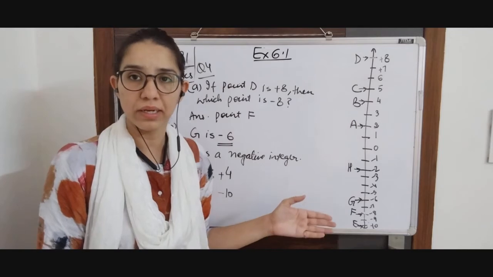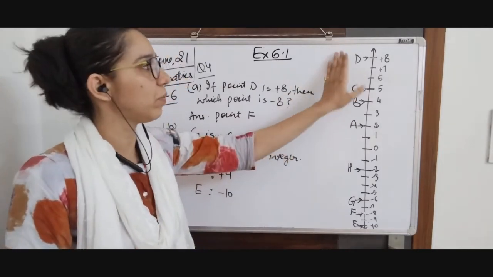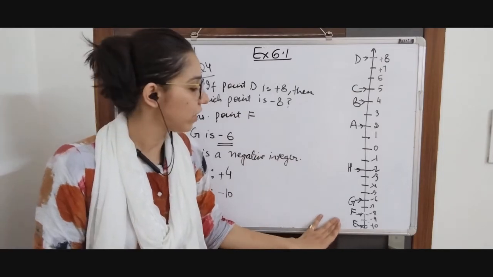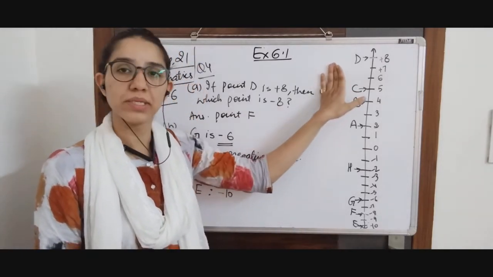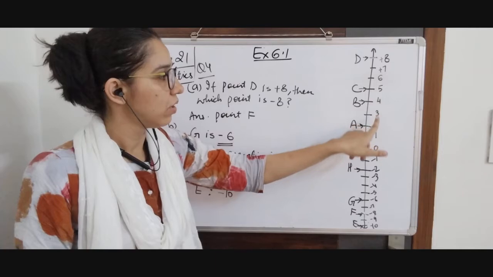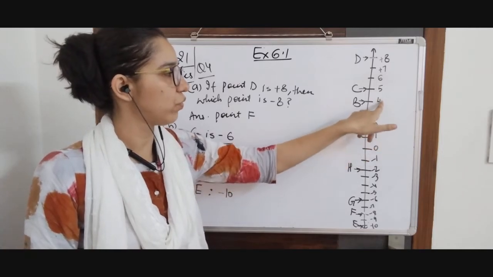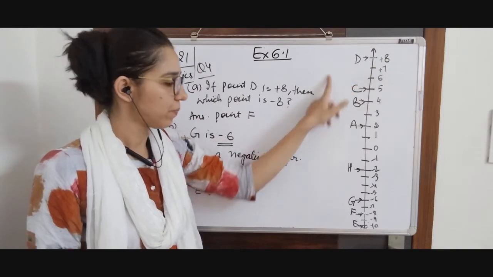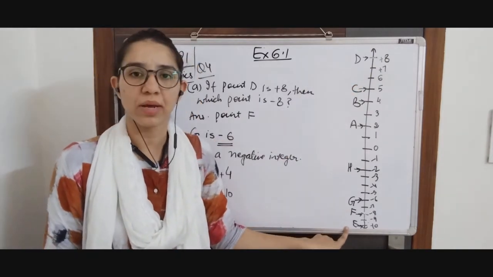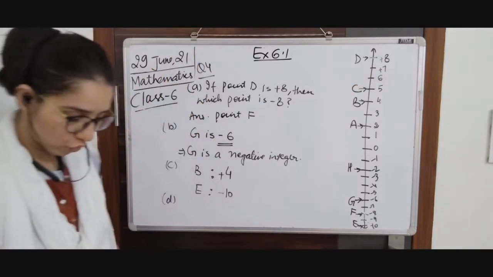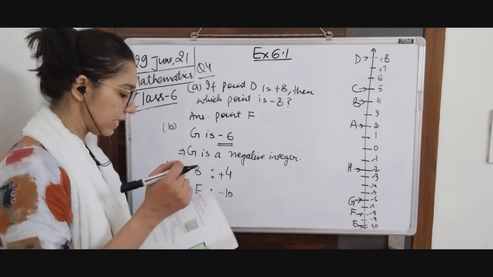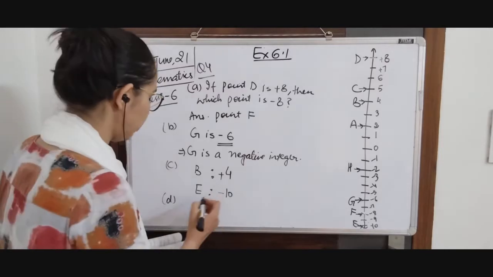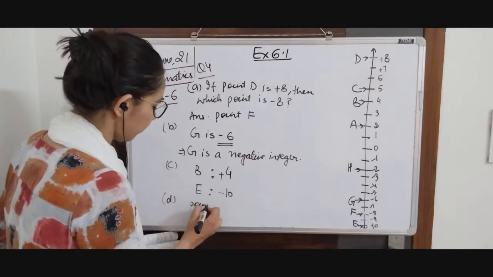What about the vertical number line? In a vertical number line, when we are going downwards, numbers are decreasing, and when we are going upwards, numbers are increasing. You can see 1, 2, 3, 4, 5, numbers are increasing. So this is the highest number and this is the smallest number on this number line. So the point having the least value is going to be point E.